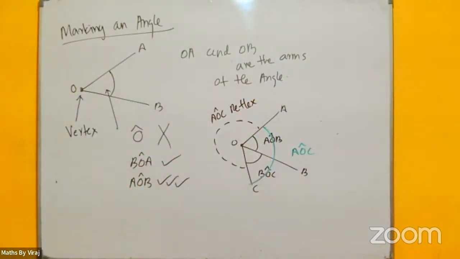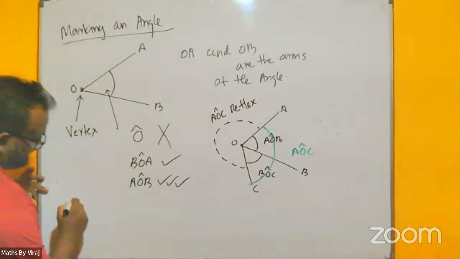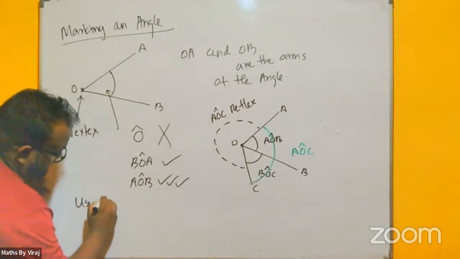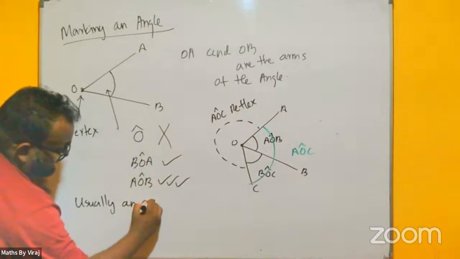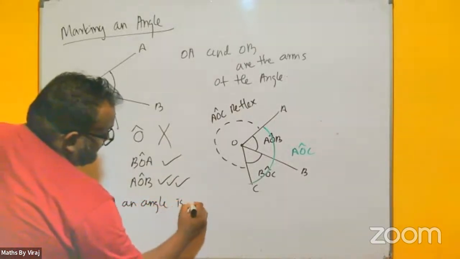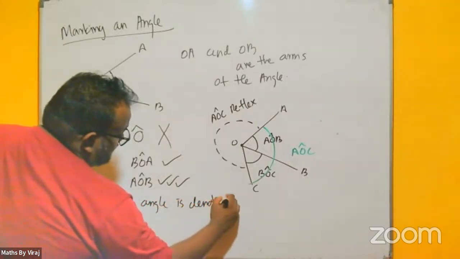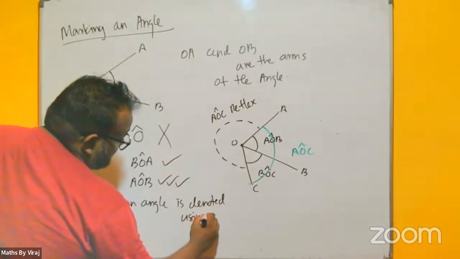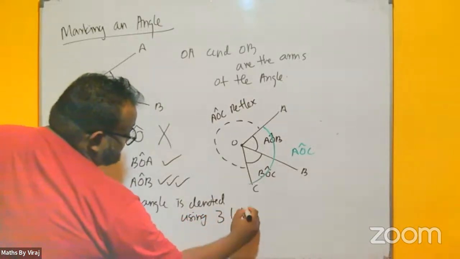Okay. So marking an angle is very important. Make sure that you understand that usually an angle is denoted using three letters.